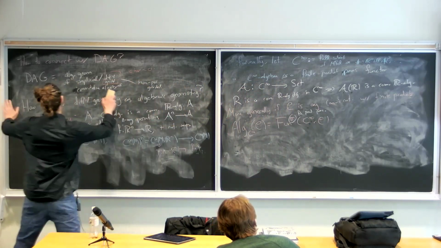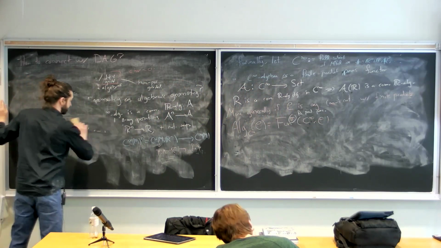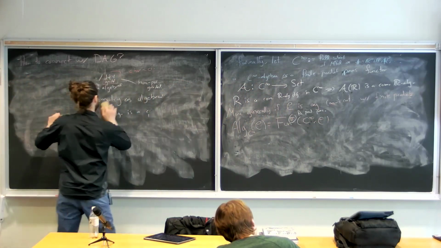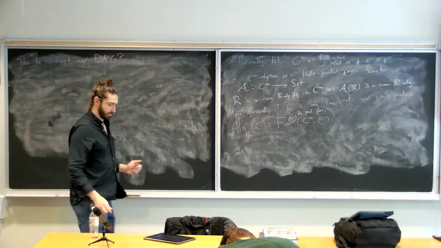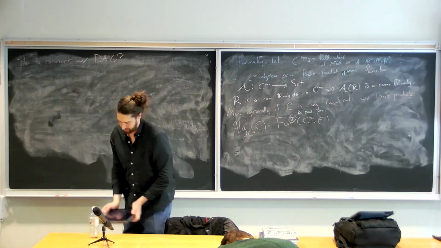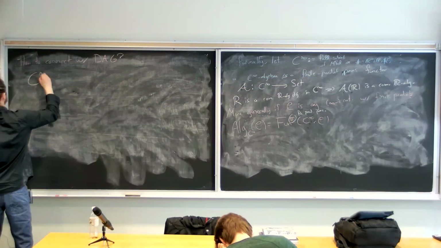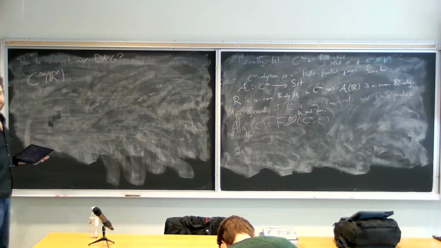What makes these a worthy concept is that a whole lot of stuff from commutative algebra directly works. First, if I look at smooth functions on R^n, this is now a free algebra.